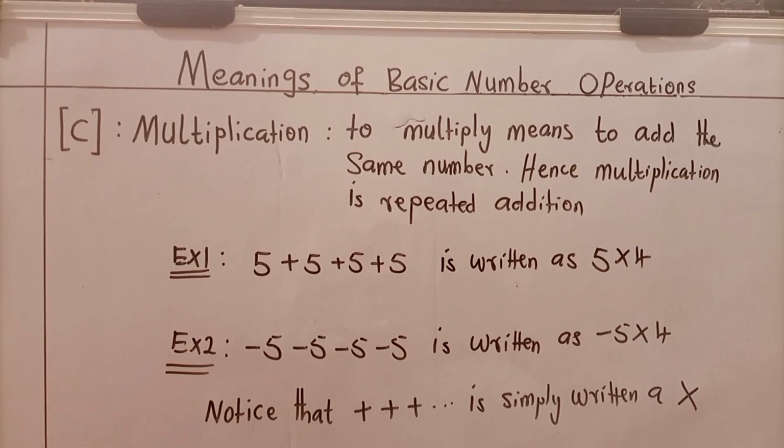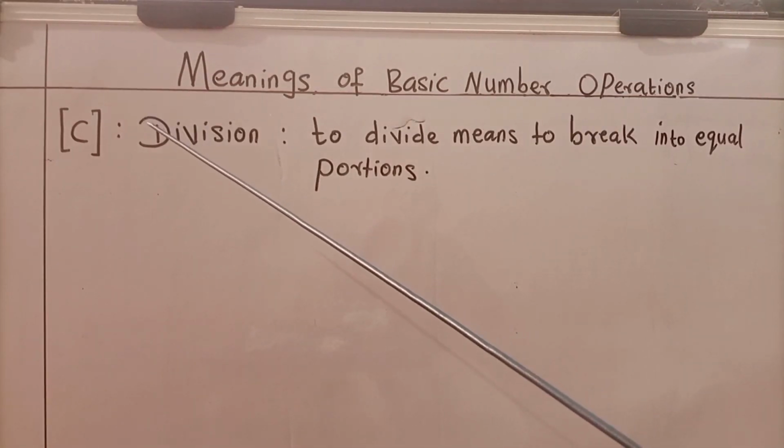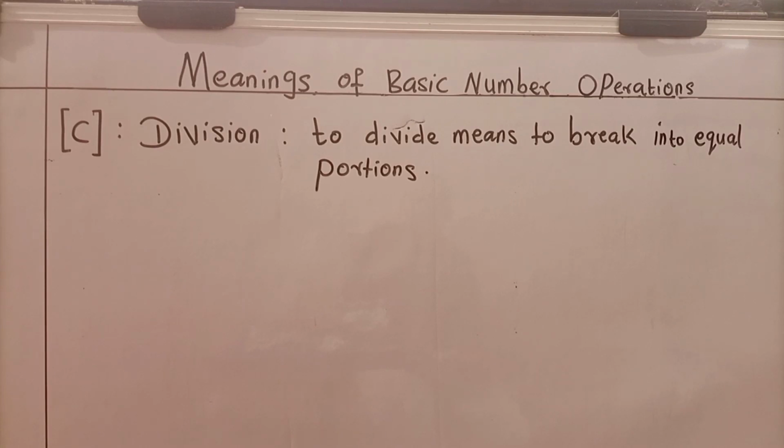Let's find out. And now the 4th number operation, and that is division. What does it mean? To divide means to break into equal pieces or equal portions. Note this word equal. If you break things into portions, but those portions are not equal, that is not called division.